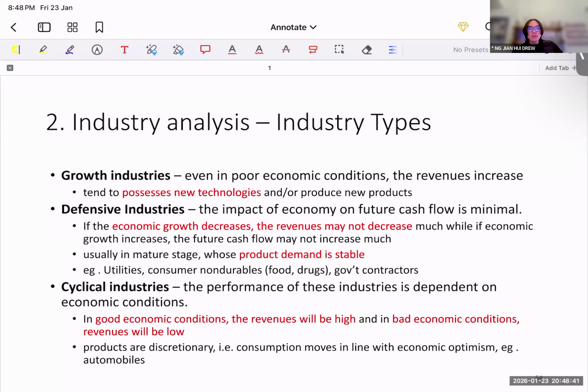So if you have a new technology, they are generally in the growth industry. Things that are more consumer based, food, drugs, utilities are defensive, and on the other hand, things that are discretionary generally become cyclical.